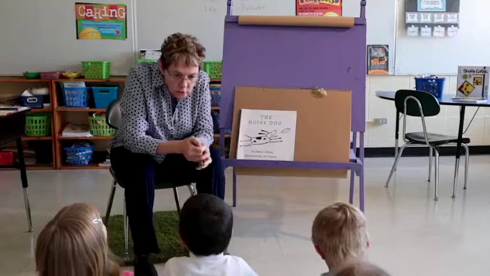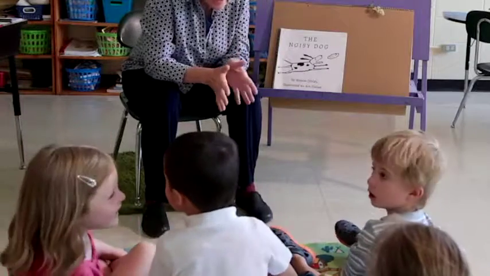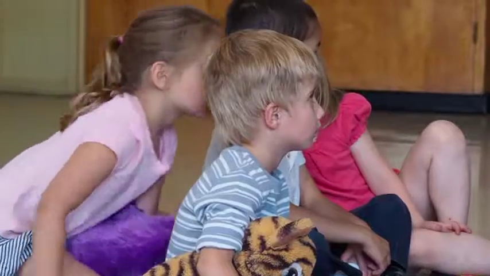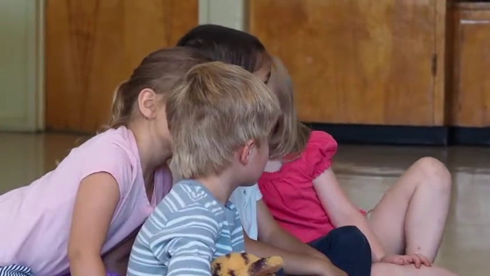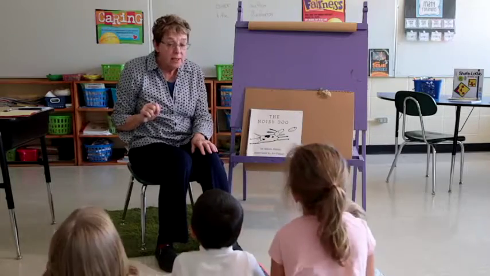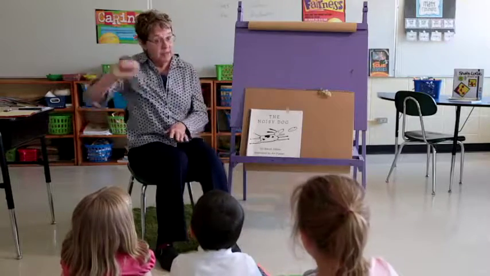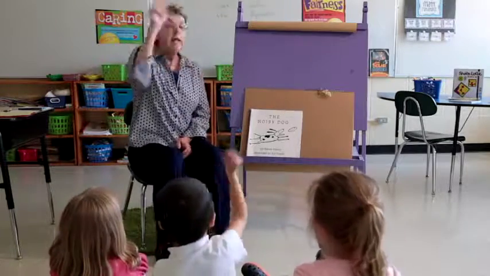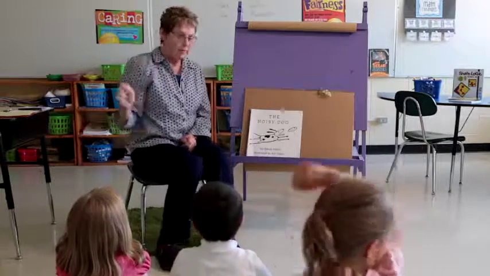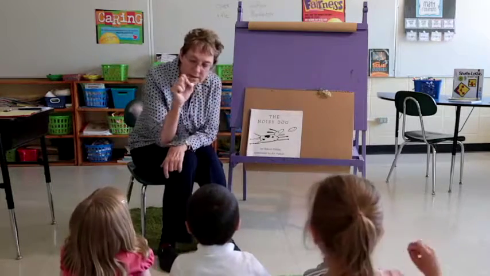So what I'd like you to do is whisper to the person next to you what an illustrator does. Okay, so what does an illustrator do? Write the book? No, an illustrator makes the pictures. Remember, put your hand like this, like you're drawing something. Illustrator. And the author is the person who writes the book.